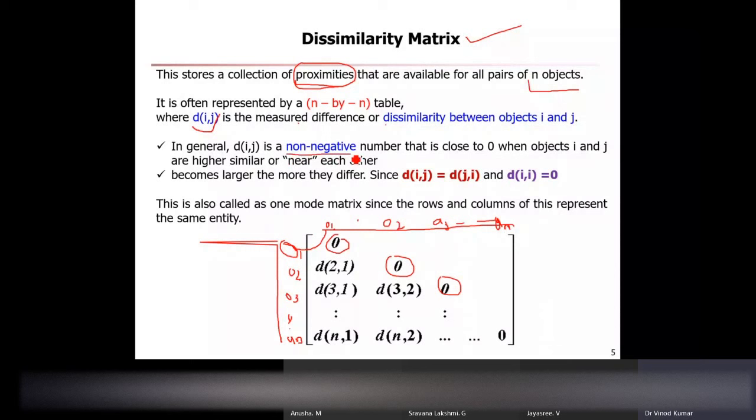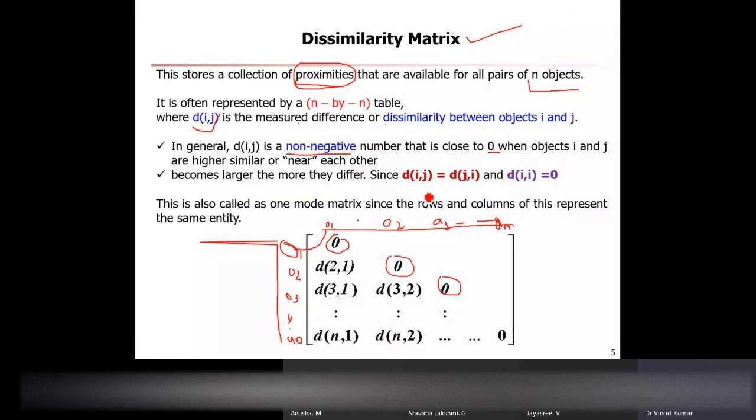We take non-negative values. It is close to 0 when objects i and j are highly similar. If 0, they are similar, or near to each other. If it becomes larger, the more they differ. If the value is more, the dissimilarity between object i and object j will be more.